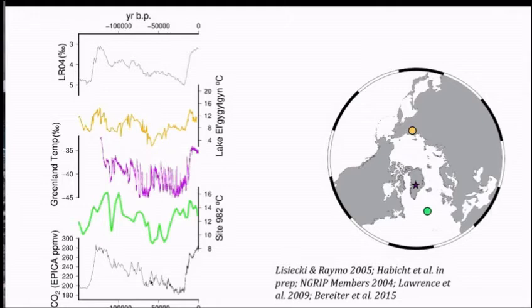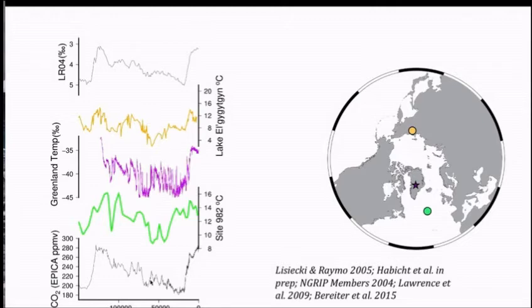And what we can see is that we know that Greenland temperature has a lot more short-term variability than what we see in the benthic oxygen isotope stack. So we think that by using these 2 records that are both closer geographically and have higher resolution, we're representing something that's closer to the actual temperature signal that Greenland would have been receiving over the last couple million years.